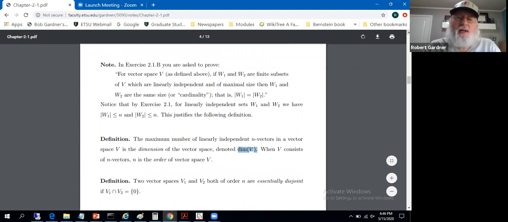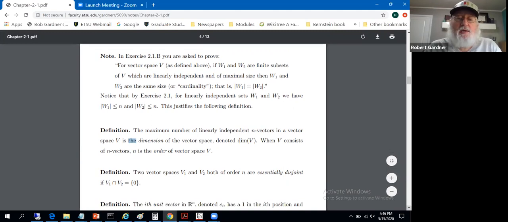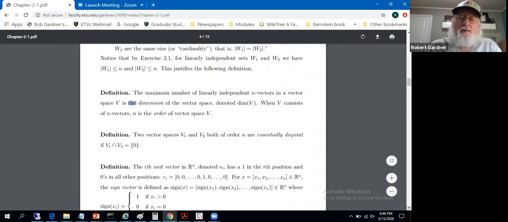You develop it the same way. You show all linearly independent spanning sets are the same size, probably in linear algebra. Similarly, that's what we're doing here. So that justifies calling it the dimension of a vector space, since all these maximum linearly independent sets are the same size. That's the dimension of the space.